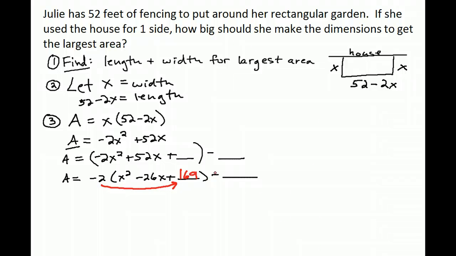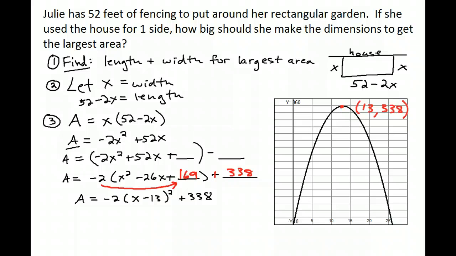So in order to undo that, I'm going to have to add 338. So that gives me the following equation. A equals negative 2 times the quantity x minus 13, quantity squared, plus 338. Okay, so let's take a look at that graph.